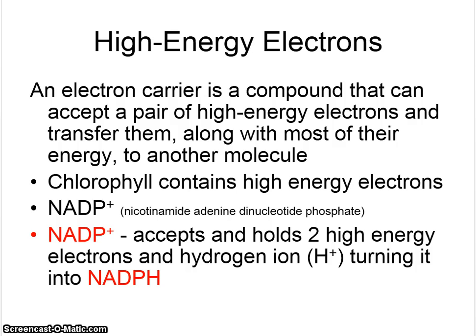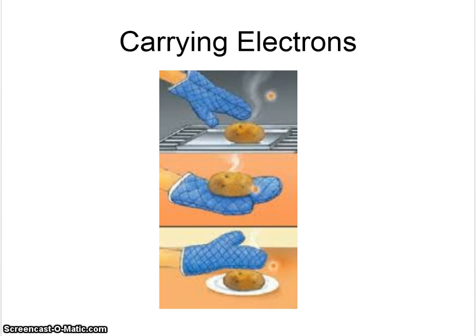So essentially NADP grabs a hold of two high energy electrons from the sunlight and also grabs a hold of a hydrogen ion, turning it into NADPH. So if you are following along in your book, there's an excellent analogy of this on page 232 that has to do with an oven mitt.